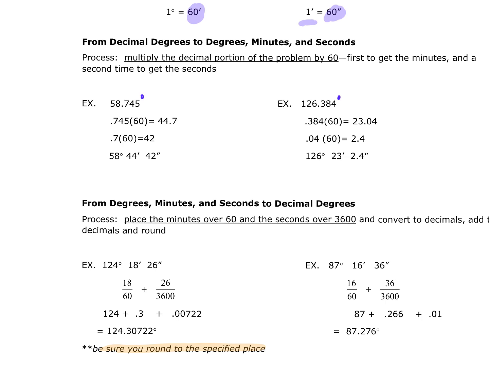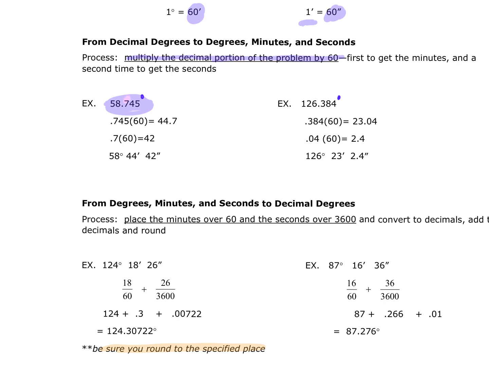So if we are converting, if you notice, if we have something like this, this is saying we have 58.745 degrees. So we have 58 full degrees, but then we have 0.745 of a degree also. And we want to convert that into degrees, minutes, and seconds so that we can think about how much that is, right? So the process, if you notice, is that we multiply the decimal portion.